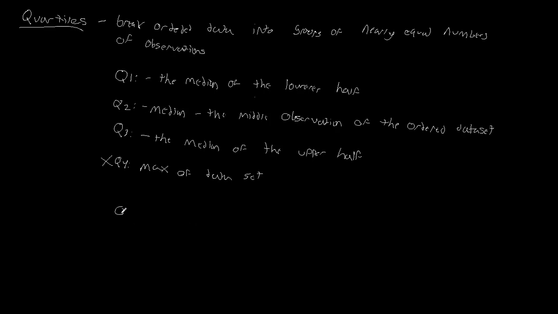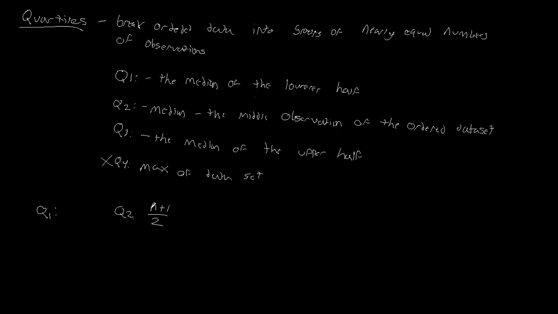So we know that Q2 is (n+1)/2, and this gives you the observation number of the median. But what if we wanted to get Q1? The median of the lower half would be half of a half.